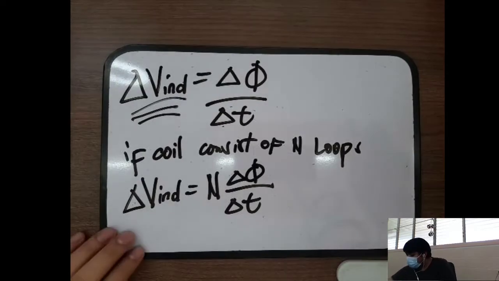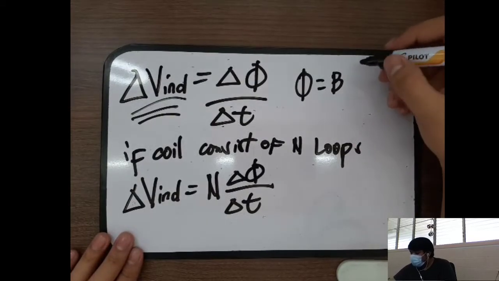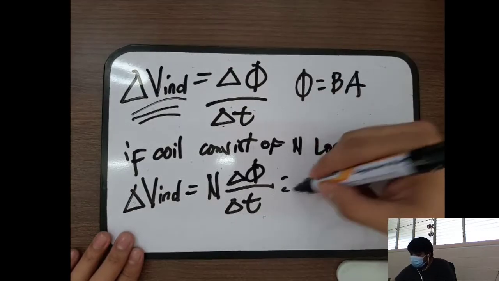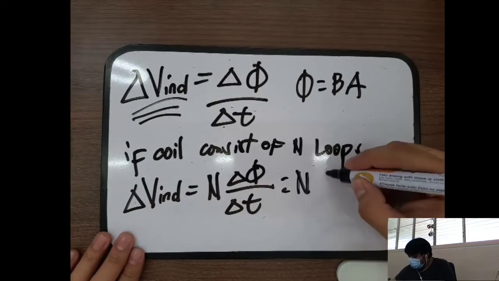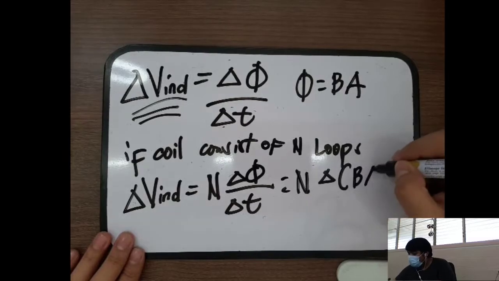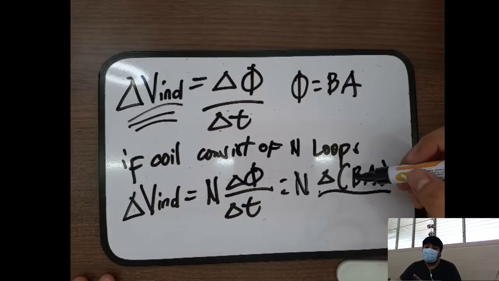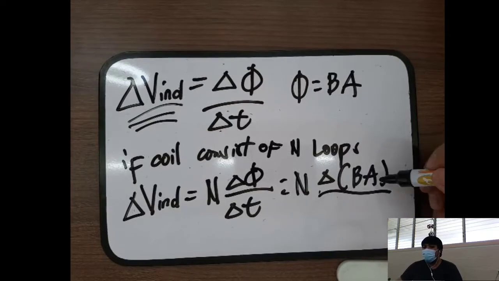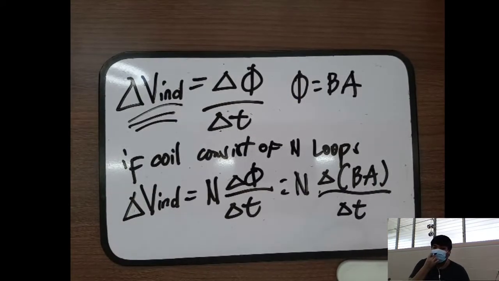Now, since flux is equal to the magnetic field passing through an area perpendicular to it, therefore our induced voltage is equal to N delta (BA). Remember that we have to enclose this in parentheses to indicate that there can be both a change of the magnetic field strength and or a change of effective area, or area perpendicular to the magnetic field, in order to induce a change in our magnetic flux.